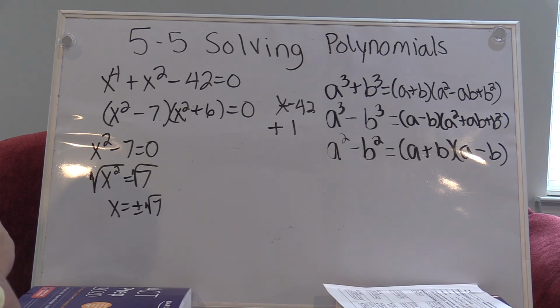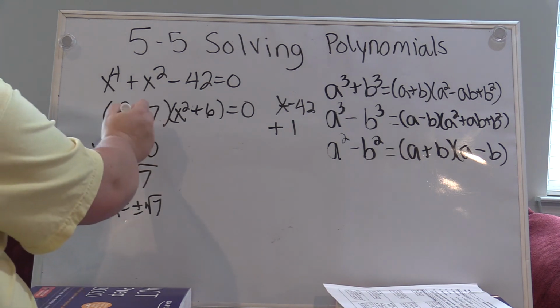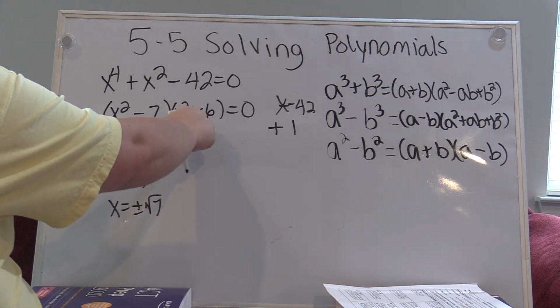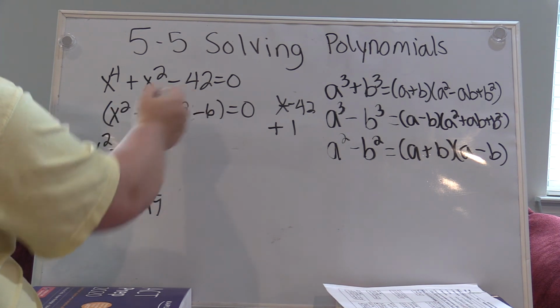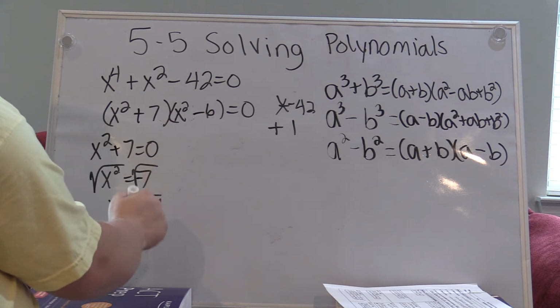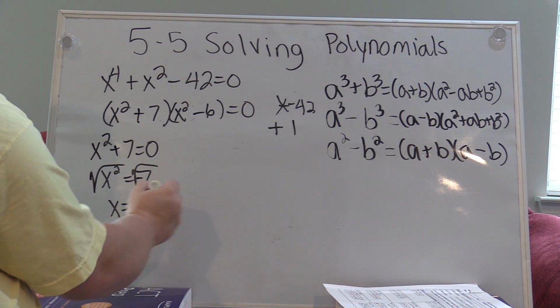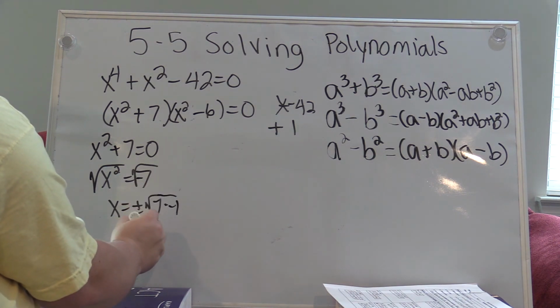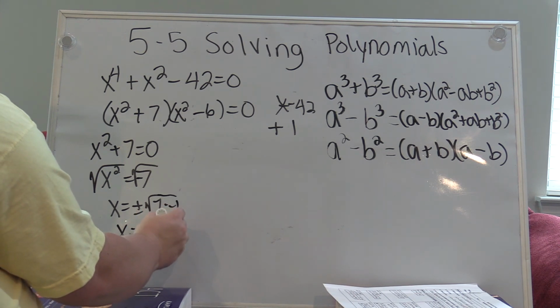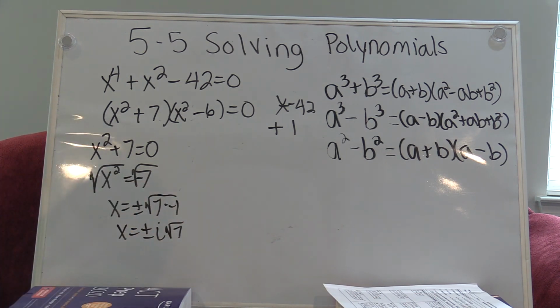Oh, wait. Mrs. Henry made a mistake. This should be plus 7, negative 6. There we go. There's my first two answers.